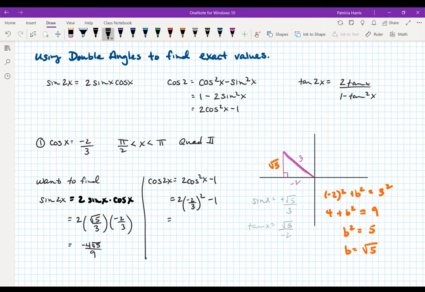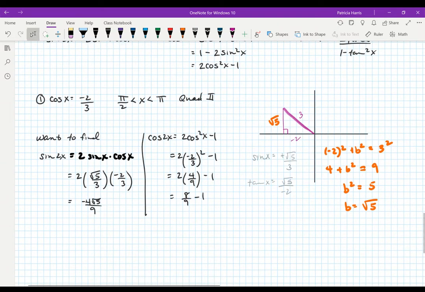That's going to be positive 4 over 9, so 8 over 9 minus 1. If I do common denominators, I get negative 1/9.